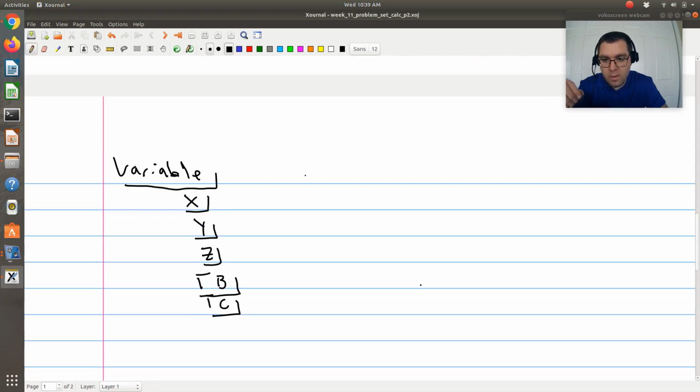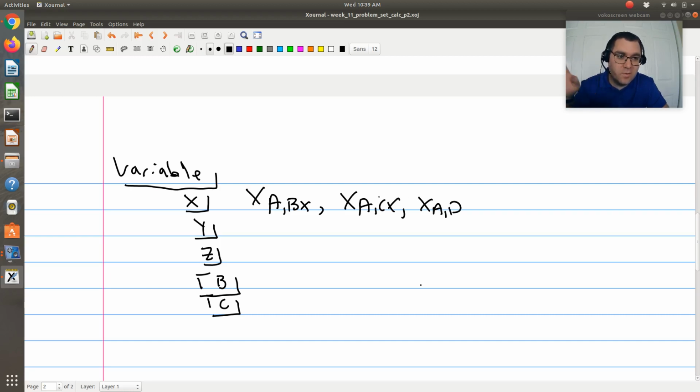Okay, so my variables are going to be written as X, and then I'll have my origin, which will be A, and then XAB, XAC, and XAD. Okay, this could be our only XAD variable, so we'll be able to distinguish if we take that direct route.